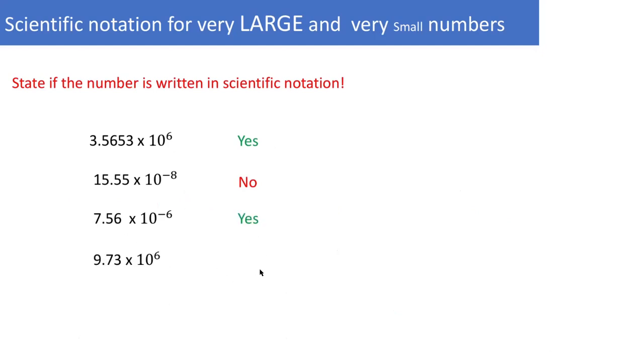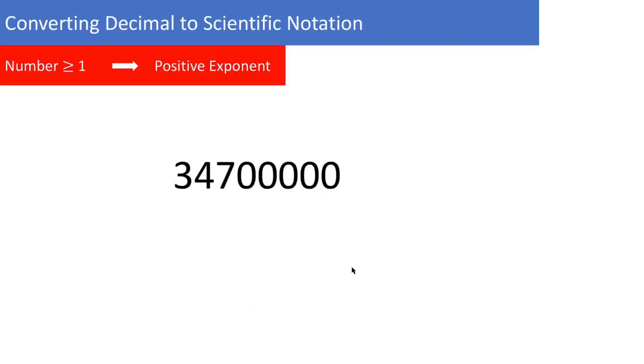This one here is yes. This one here is no, because I can't have only a 0. It has to be 1, 2, 3, 4 up to 9. So that's no.